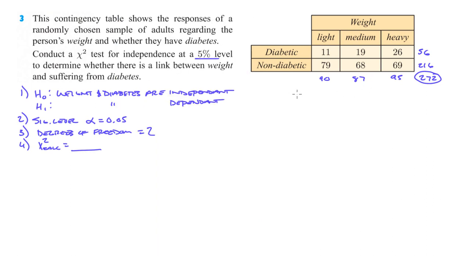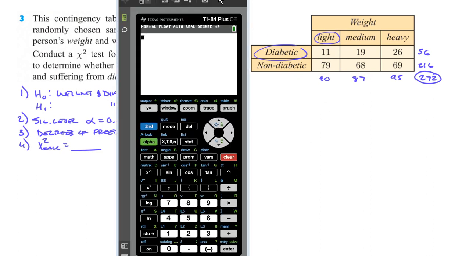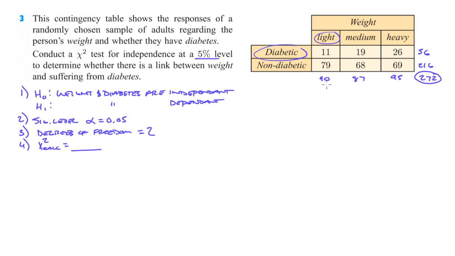Okay, so let's say I wanted to figure out the diabetic and light, so this cell right here for our expected. What we've got to do to find this expected value is take the row total times the column total.